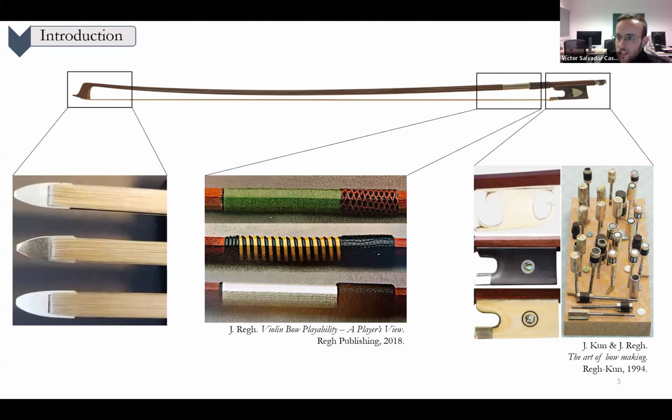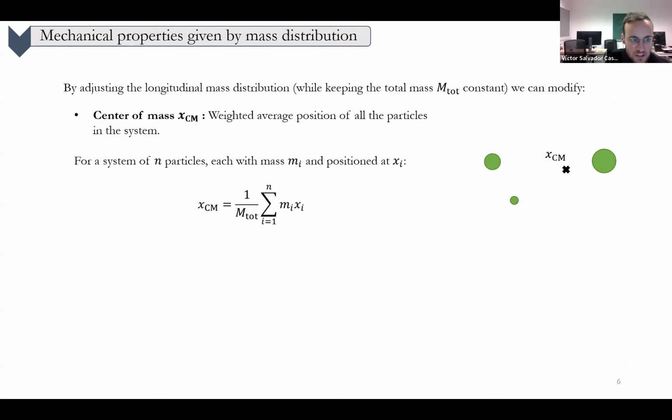But what are we changing when we modify the weight of these elements? Specifically, by adjusting this mass distribution, while keeping the total mass of the bow constant, we can modify the center of mass, which I think is a parameter that most of you may be used to. Here I have a bow.